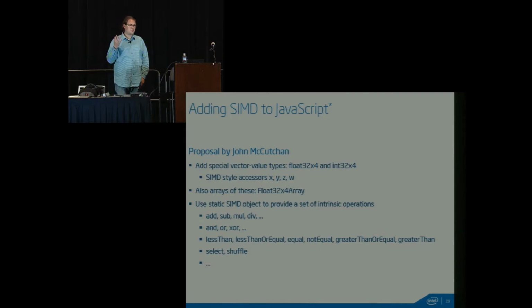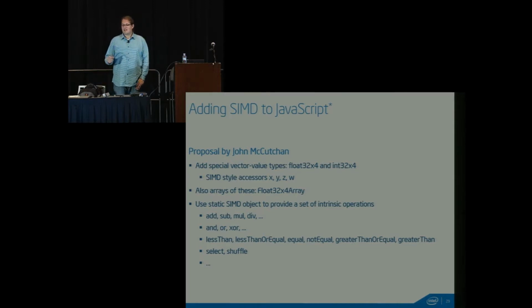Those are your vector types. And they also get SIMD-style accessors. If you have already done some WebGL programming or other SIMD-style programming, you typically get accessors like X, Y, Z, W for the 4 elements. So you also get that here.